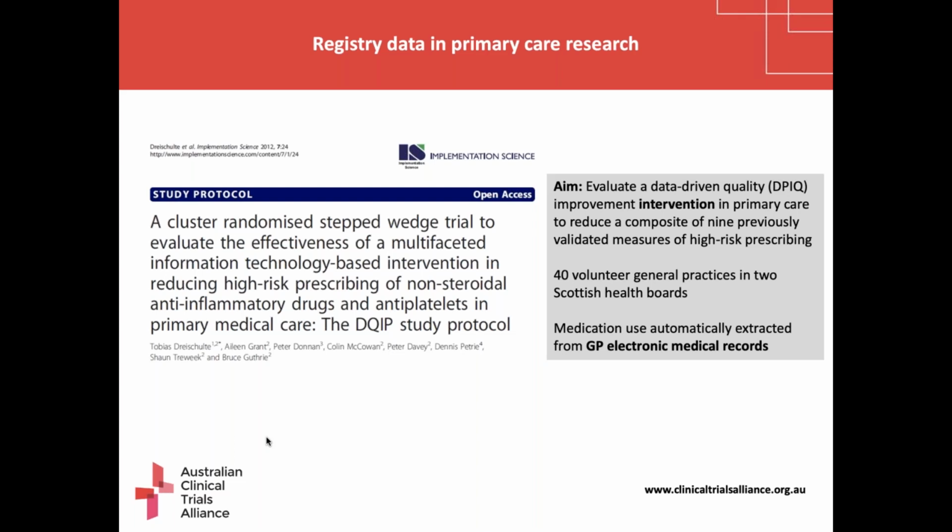And one of the reasons is to avoid contamination, where individuals in the control cluster may be exposed to the intervention partially or completely. Some examples of interventions in primary care might be implementing guidelines, GP training, or system changes.